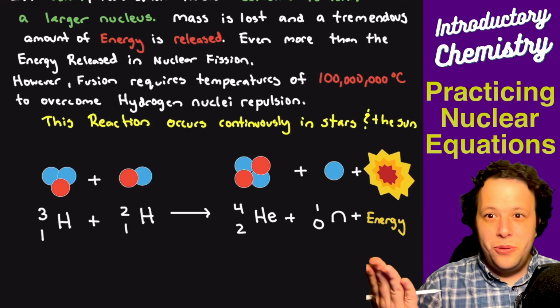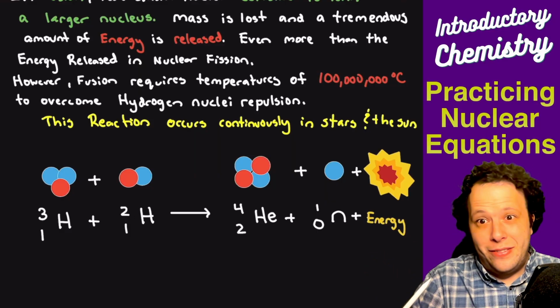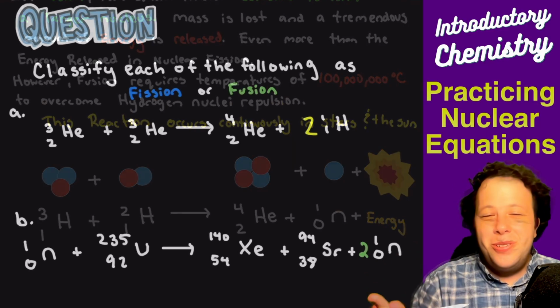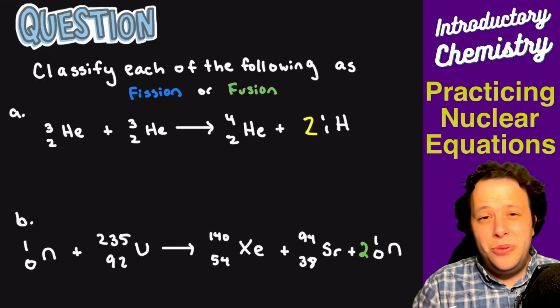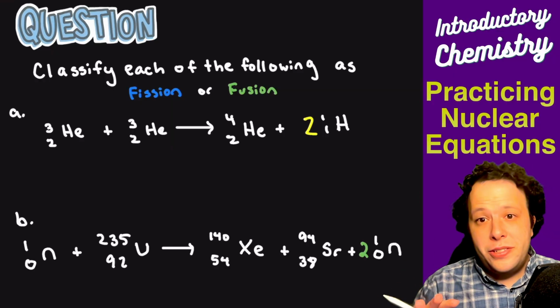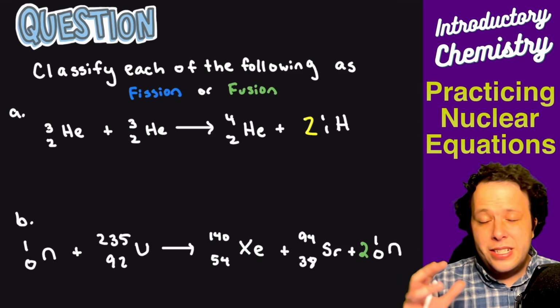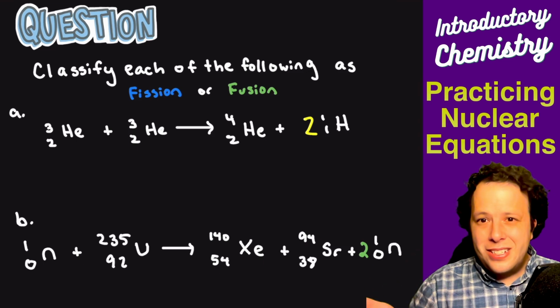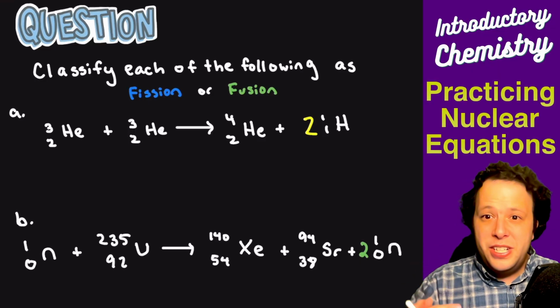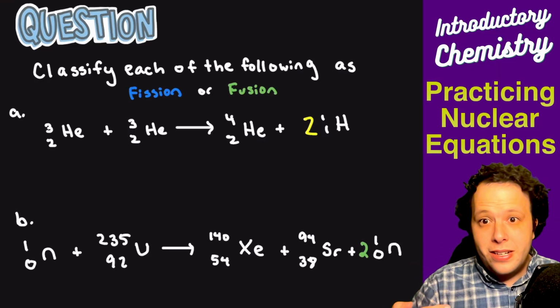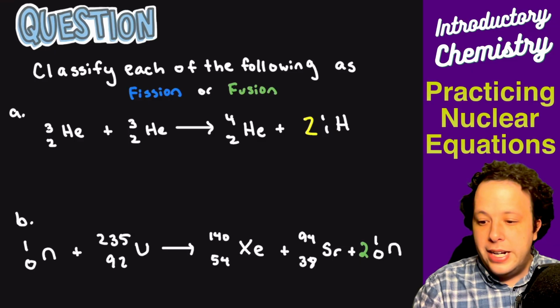So let's see if we can do one practice problem and see, can you identify the two different types of reactions? So if I ask you just to classify which one is fusion or fission, could you do it? So the idea is when it's fusion, you have two different nuclides coming together and it's going to be making something, a bigger nucleus. When it's fission, you have a neutron being shot at it and it's colliding with it.